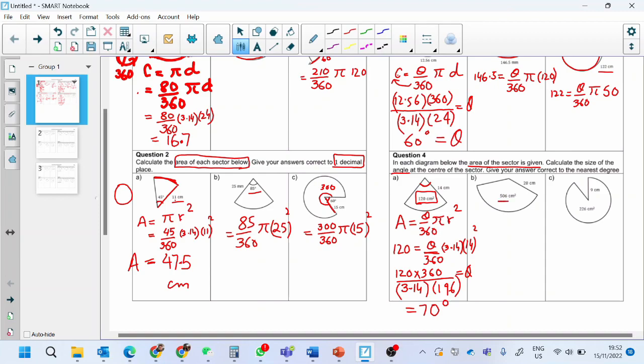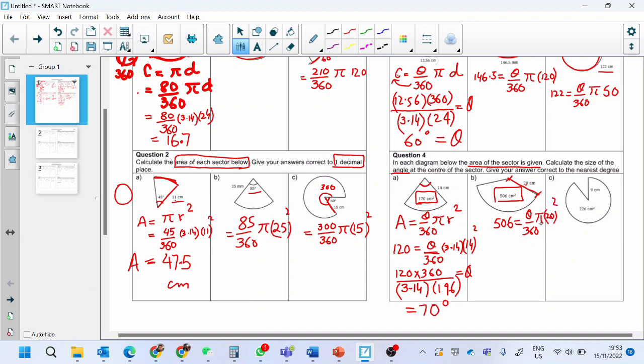So in the same way, you can calculate these two questions as well. The area has already been given to us here, and the radius has already been given to us here. So using the same formula, 506 is the area, is equal to theta over 360 times pi times r squared, which is 20 squared, right?